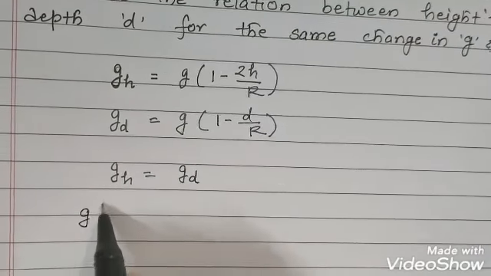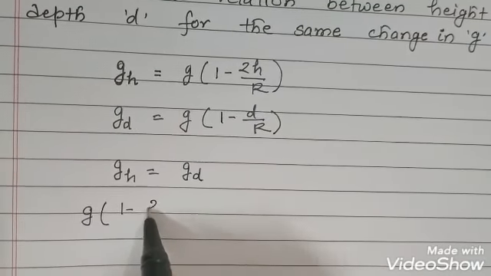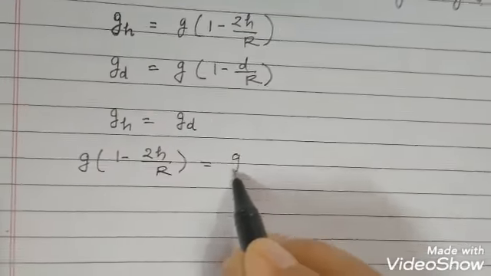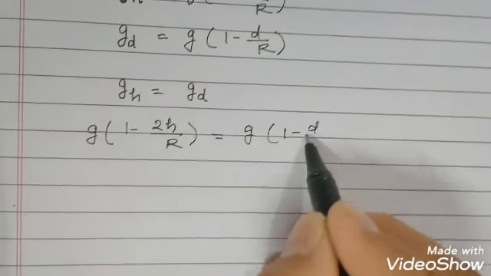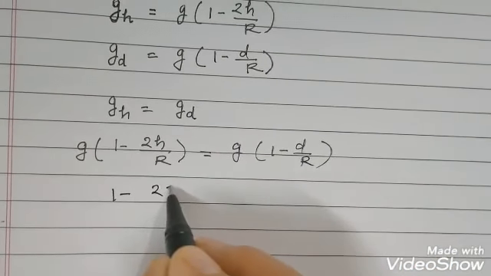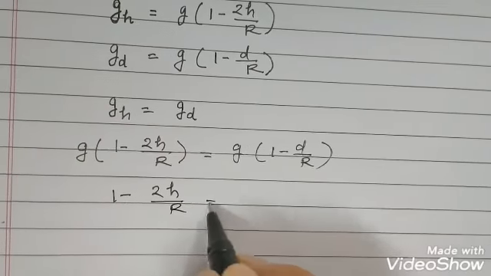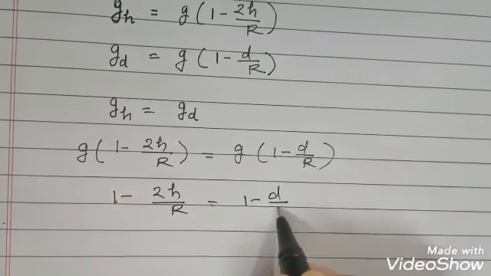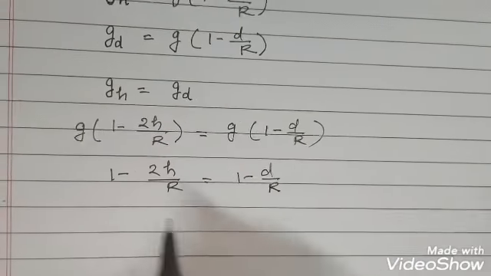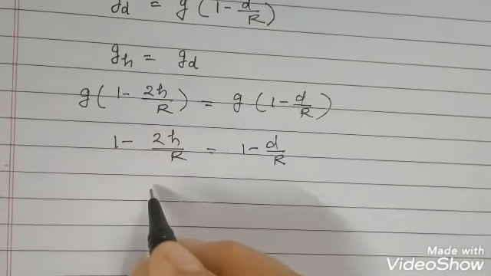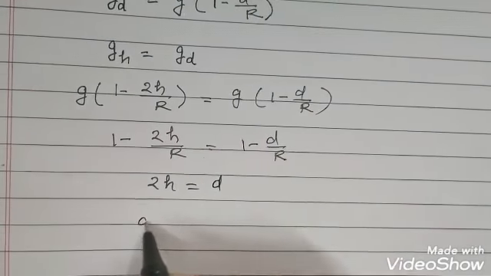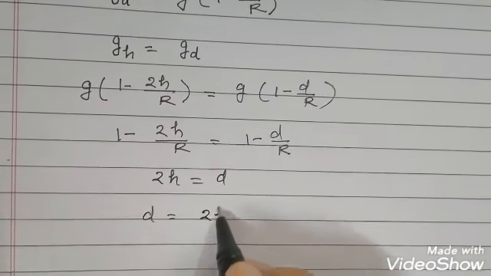That means g(1 - 2h/R) must be equal to g(1 - d/R). g would be cancelled. This is 1 - 2h/R, and this is 1 - d/R. Then 1 would be cancelled, minus would be cancelled, R would be cancelled, and the remaining is 2h = d. That means d is equal to 2h.